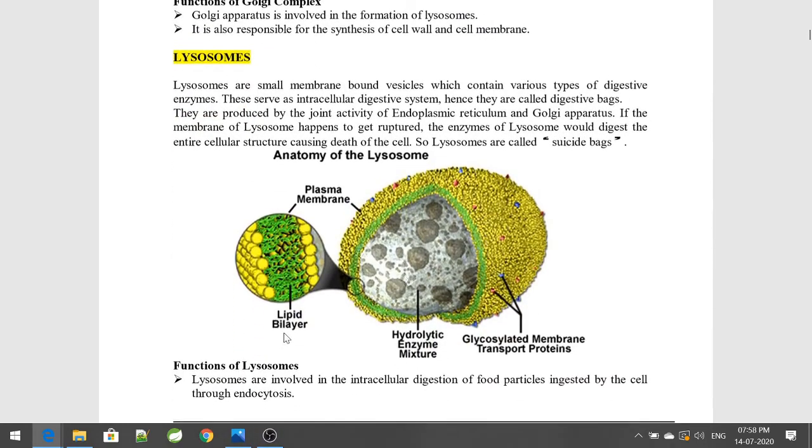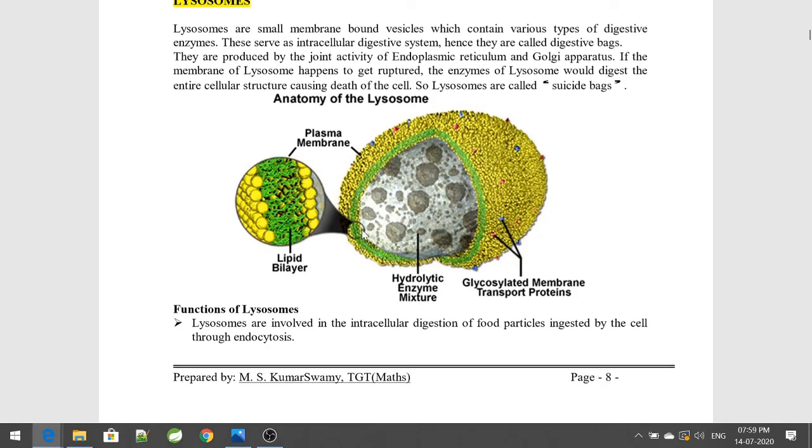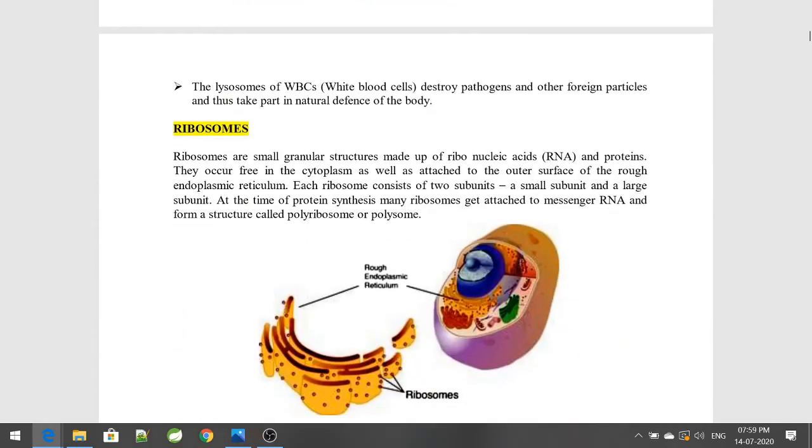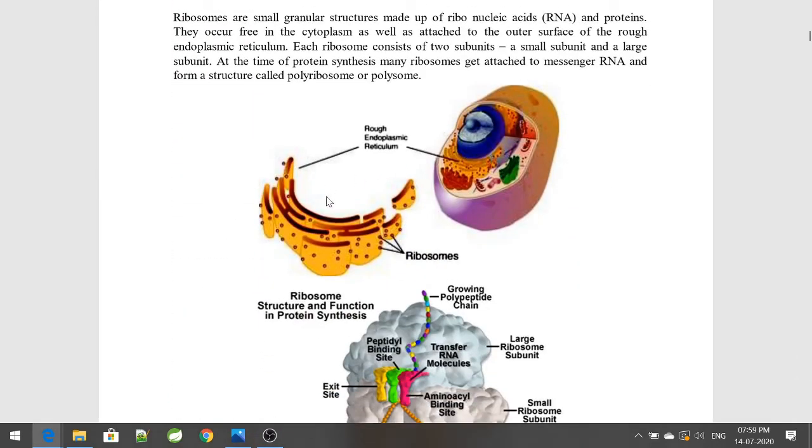Lysosomes, the lipid bilayer plasma membrane. These are the hydrolytic enzyme mixture inside the lysosomes, and glycosylated membrane transported proteins. See, only this small part, how it is made up of, they have shown magnified here. Ribosomes, how the rough endoplasmic reticulum will be.